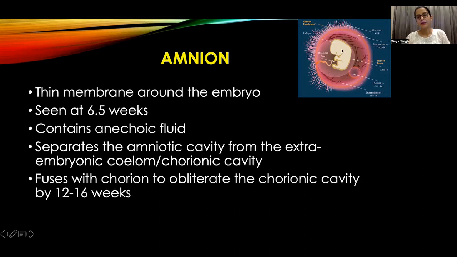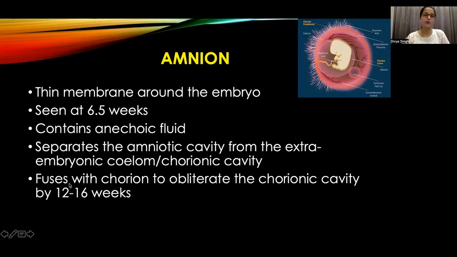So we have the embryo, which is enclosed by the thin envelope of amnion and is present in the anechoic amniotic fluid. And outside the amnion, we have this area, which is known as the extraembryonic coelom or the chorionic cavity. And it is within this chorionic cavity or extraembryonic coelom that the yolk sac is situated. So the yolk sac is an extra-amniotic structure.